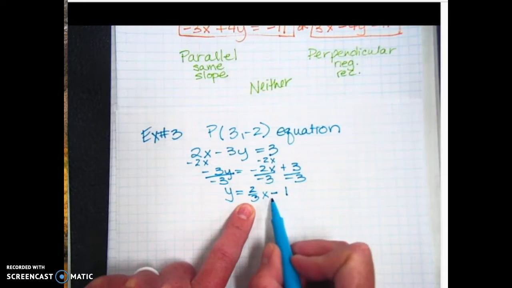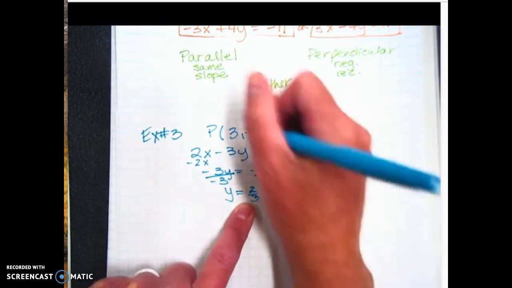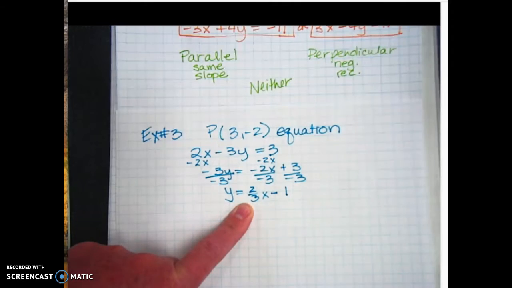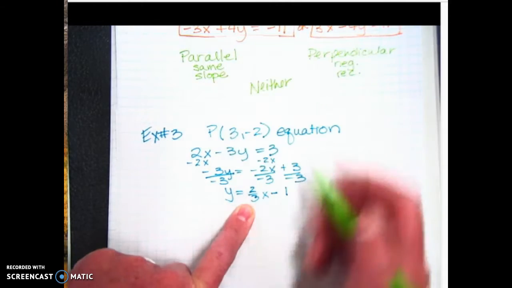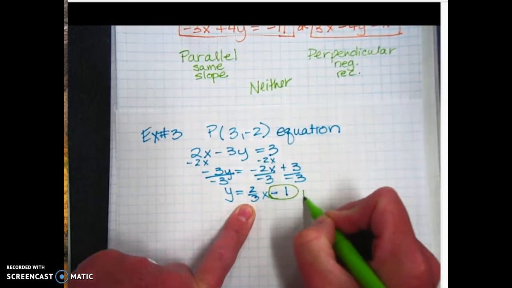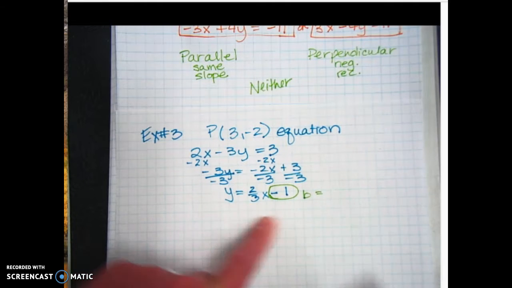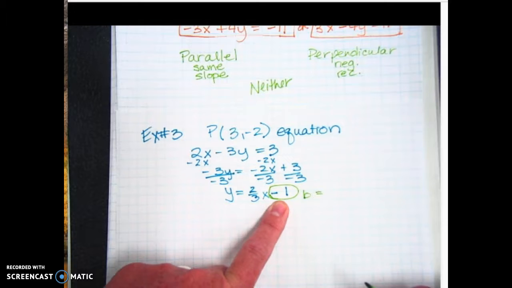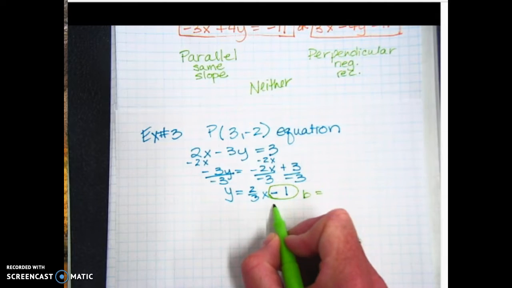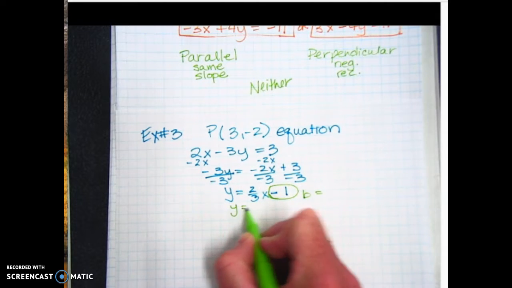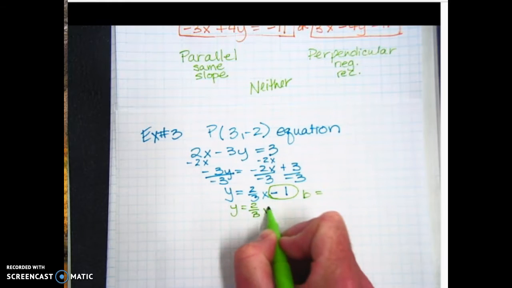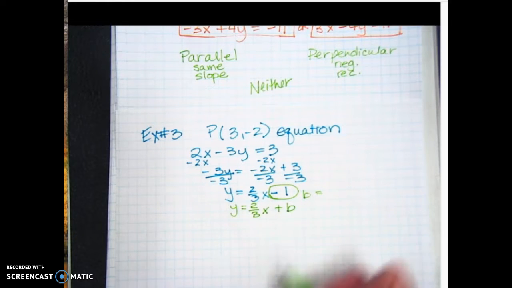But this equation doesn't go through this point. It has to go through this point. So we're going to get a new b. This b is our y-intercept. So we're going to change it to y equals 2/3 x plus b.